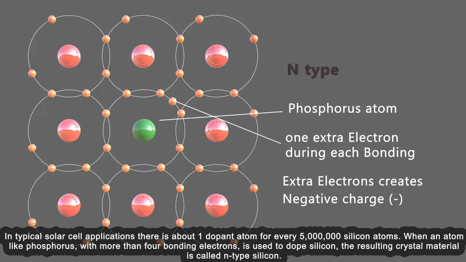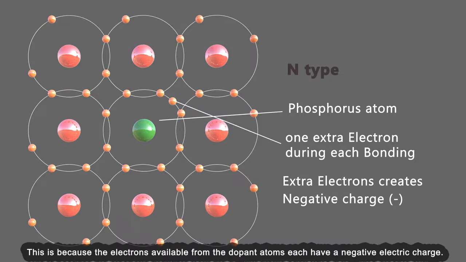In typical solar cell applications, there is about 1 dopant atom for every 5 million silicon atoms. When an atom like phosphorus, with more than 4 bonding electrons, is used to dope silicon, the resulting crystal material is called N-type silicon. This is because the electrons available from the dopant atoms each have a negative electric charge.